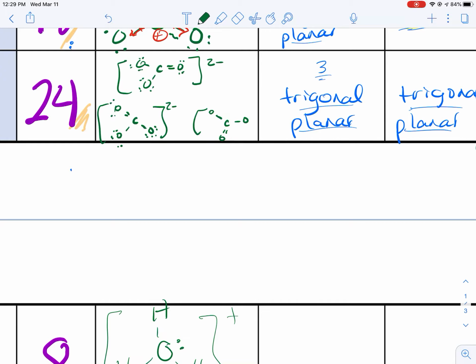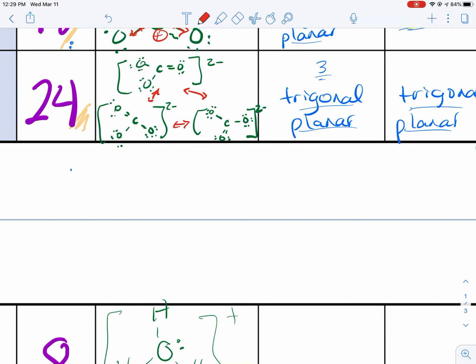I'm just moving that bond around and making sure the right atoms get the right bond and the right electrons. And then we're going to draw them and put arrows between them.